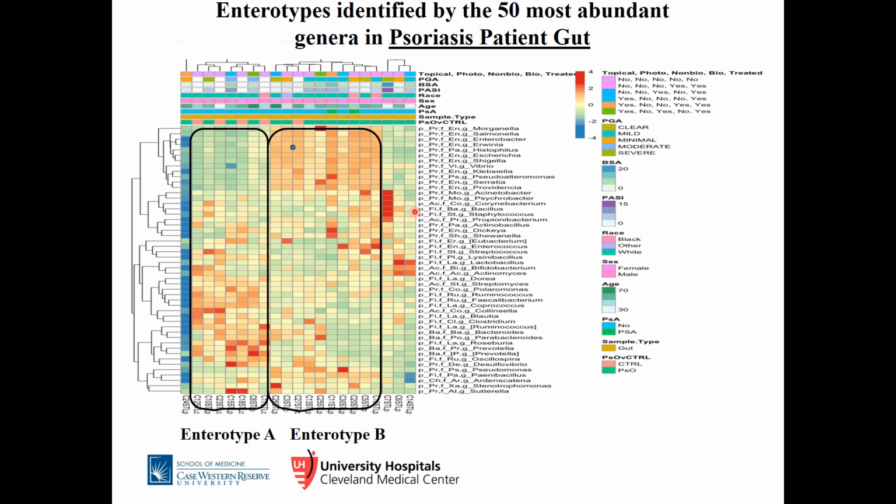Heat maps were assembled using unsupervised hierarchical clustering and delineate in this example two visible enterotypes. Note that in this heat map, control subjects were included and are predominant in enterotype A versus enterotype B, where only one control individual appears.